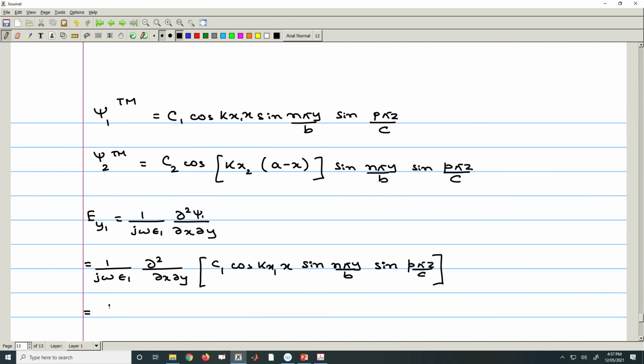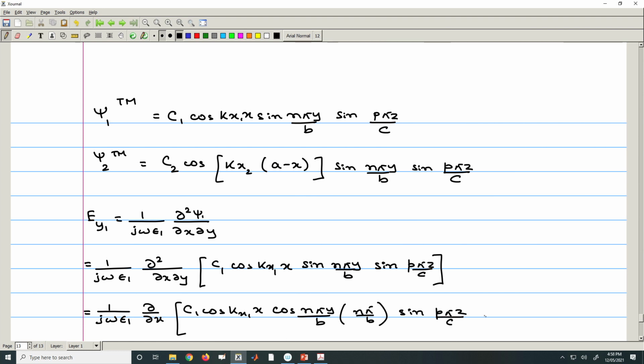At first we differentiate with respect to y: C1 cos of kx1 x, and sin n pi y by b gives cos n pi y by b multiplied by n pi by b, then sin of p pi z upon c.